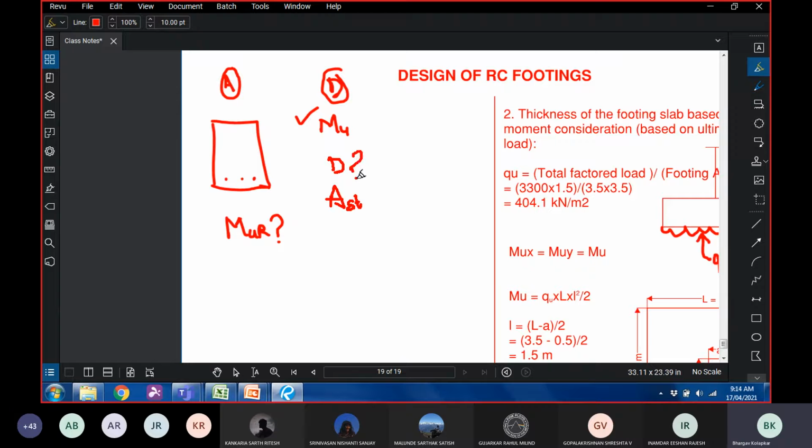So these things were unknowns, and we found those out. How did we find the depth? Based on the deflection criteria. We found the depth, and then we looked at the formula wherein if we know the depth and the moment, we can always find out area.